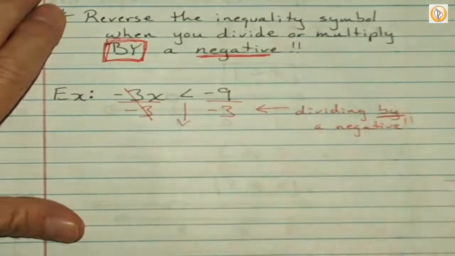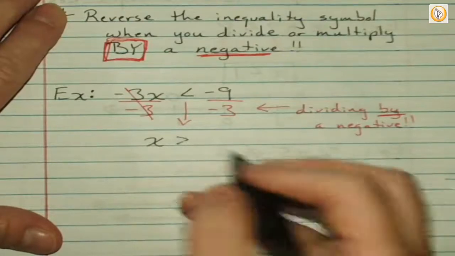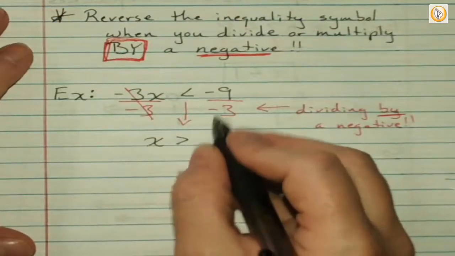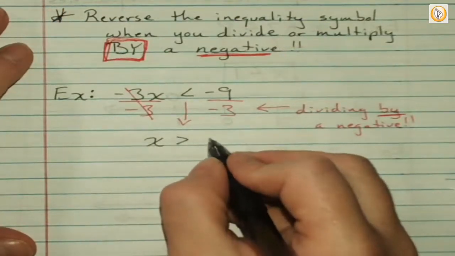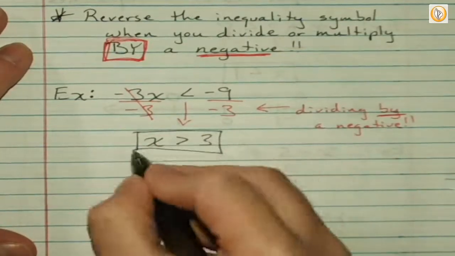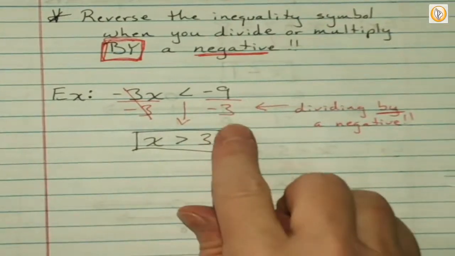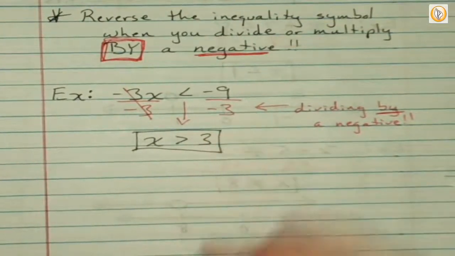Therefore, the sign flips. So we have x is greater than, Michaela, what is -9 divided by -3? 3. That's when you flip the sign. When you're dividing by a negative or multiplying by a negative.